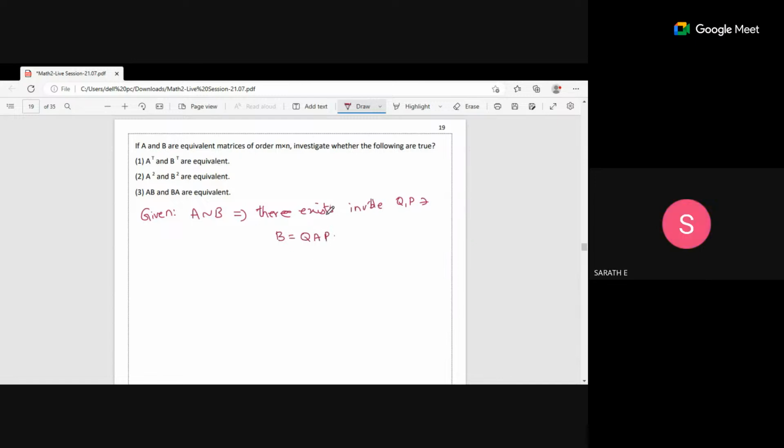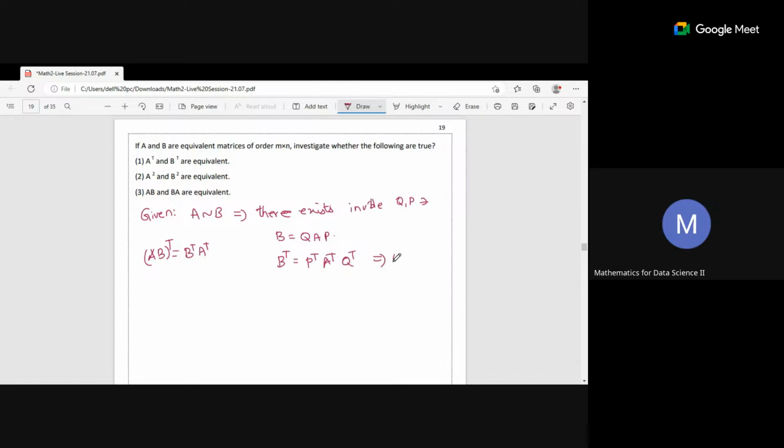Now you want to see whether the transposes are also equivalent. So let us take the transpose on both sides. If you take the transpose of a product of two matrices, the order gets changed. So B transpose is equal to P transpose A transpose Q transpose.